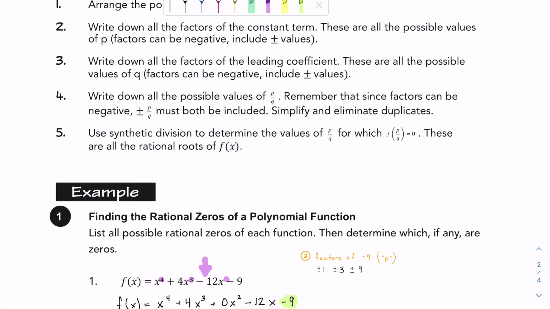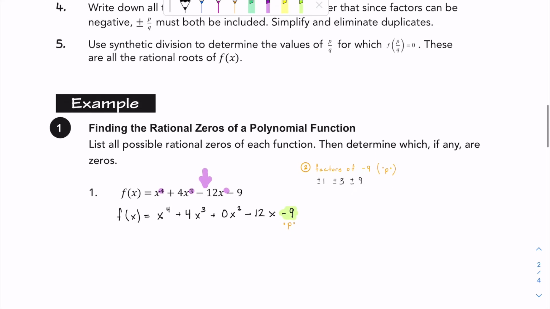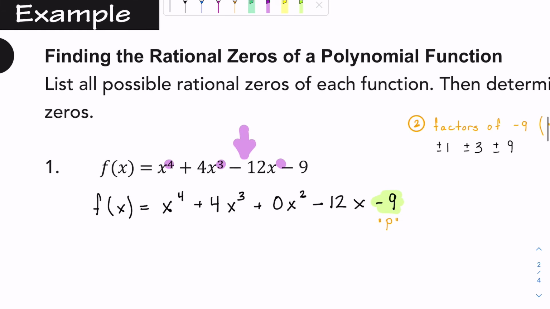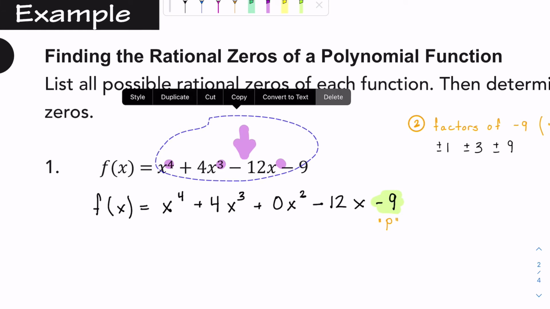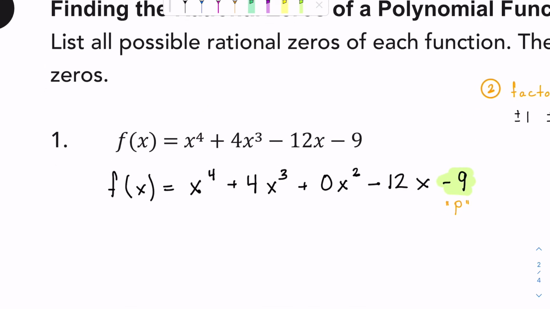Step 3 tells us to write down all the factors of the leading coefficient. These are the possible values of q. Factors can be both positive and negative. All right, so the value of q is 1. We didn't write that, but we know that it exists. So 1 right here is going to be our q value.